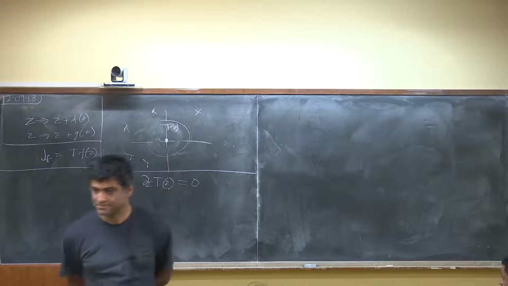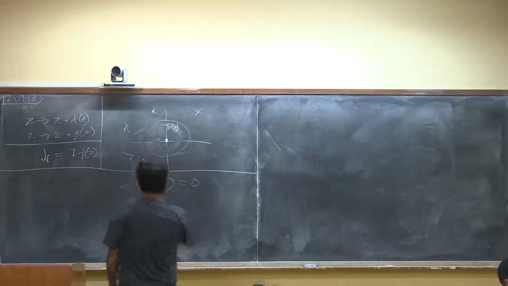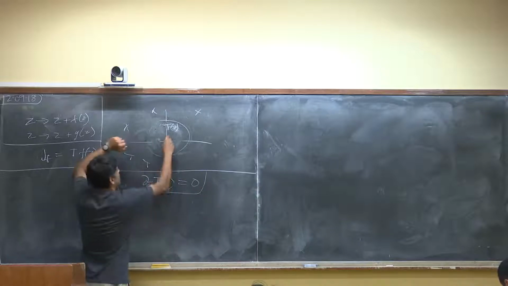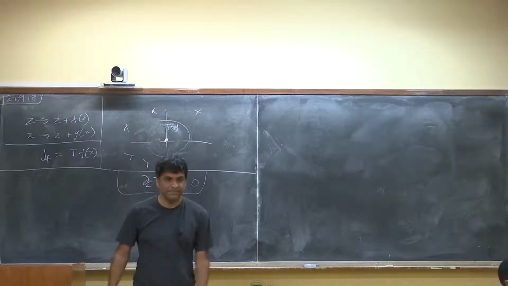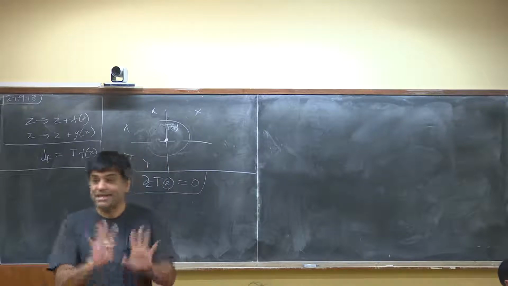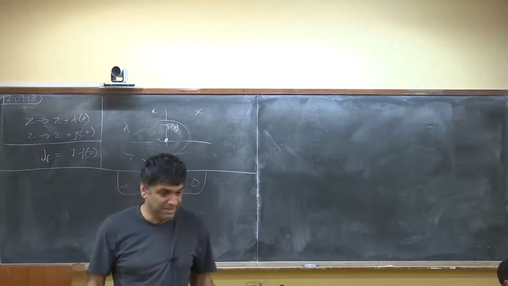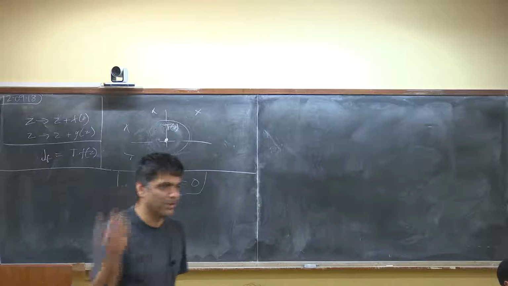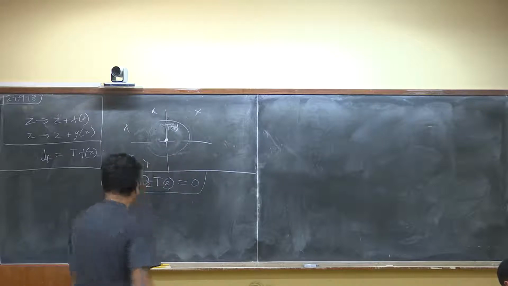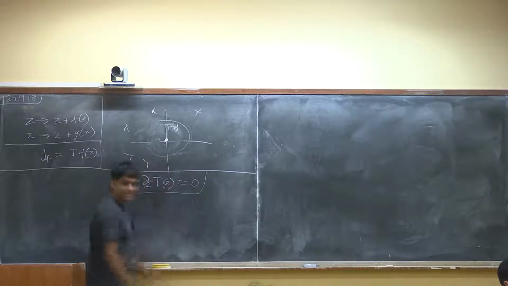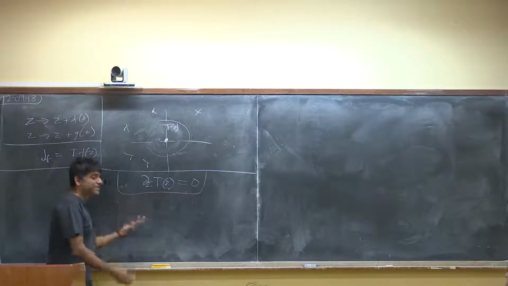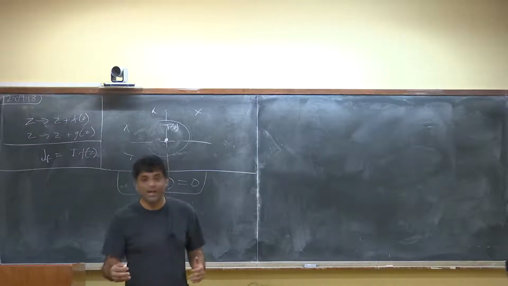Is this clear? Now, we're going to allow for operators inserted at the origin. So we will not demand that T is analytic at the origin. It need not be, because of the contact terms of the Ward identity. Any function that is analytic everywhere except the origin can be expanded in a Laurent series.